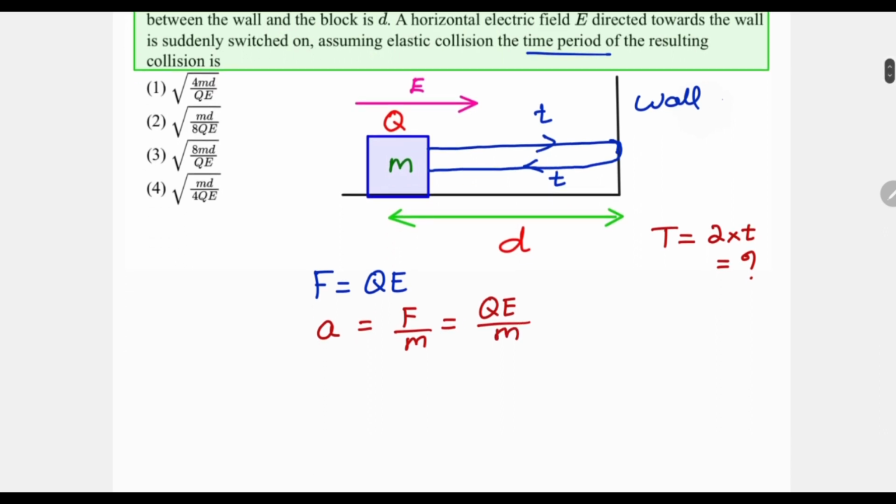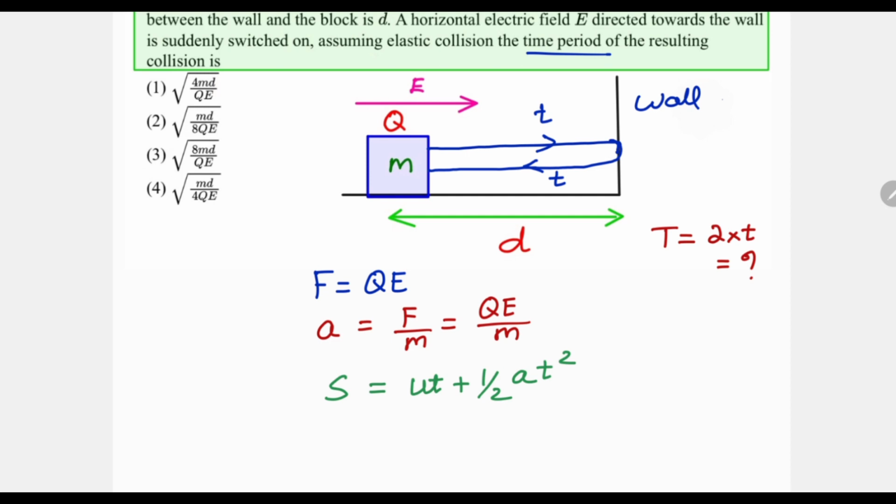Since this is an accelerated motion and our block is traveling in a straight line, we can use the kinematic equation. The kinematic equation can be written as s equals ut plus half at square, because we need a relationship between the distance and the time taken.